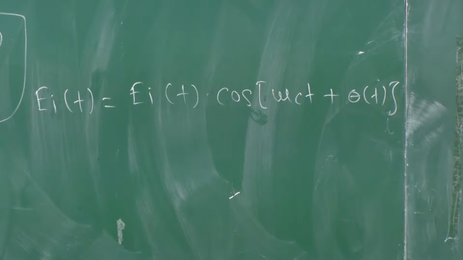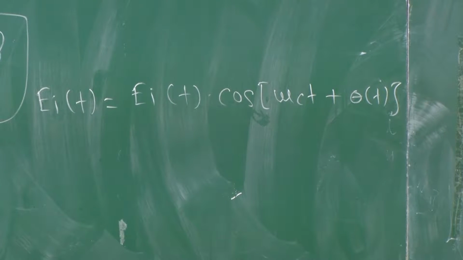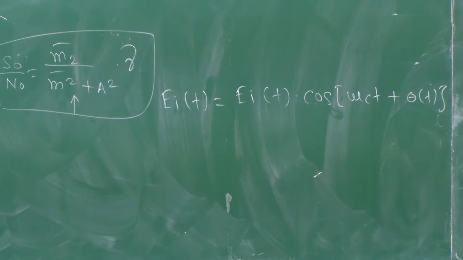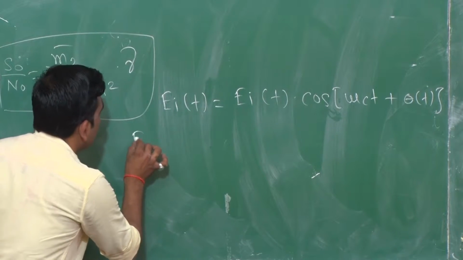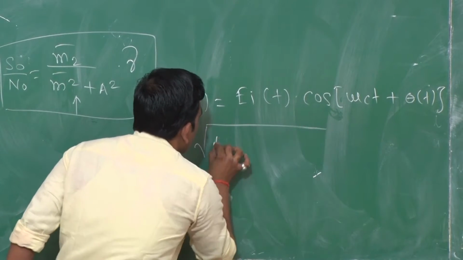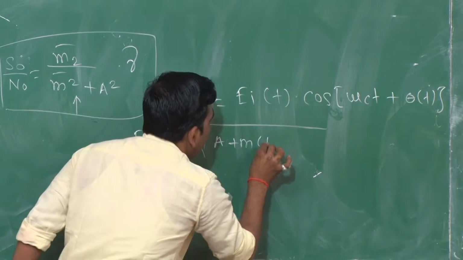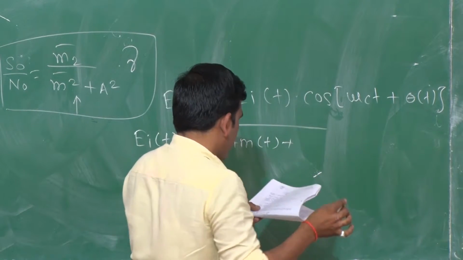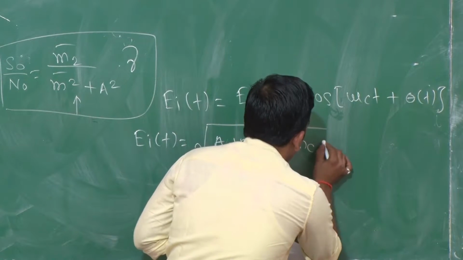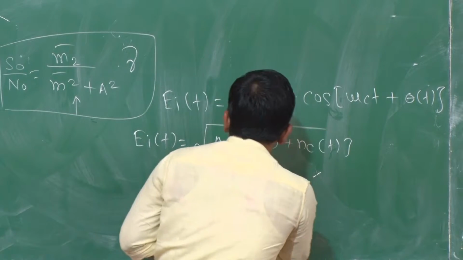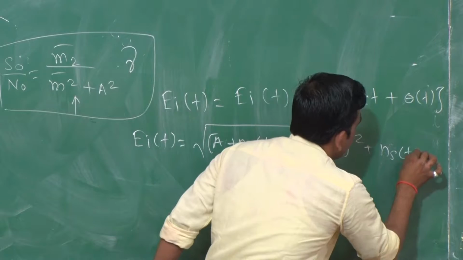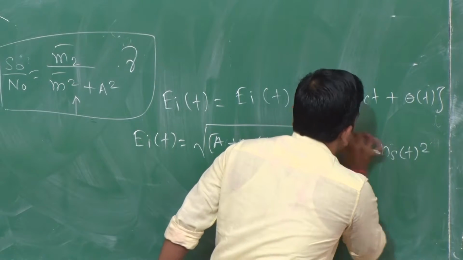This envelope Ei(t) is given as the root of (a plus m(t) plus nc(t)) square plus ns(t) square.